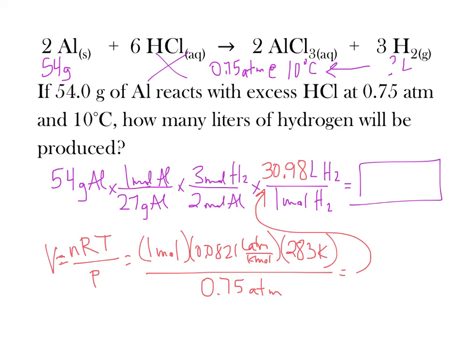And now I'll go back and work the stoichiometry problem. 54 divided by 27 times 3 over 2 times 30.98 gives me 92.9 liters hydrogen.